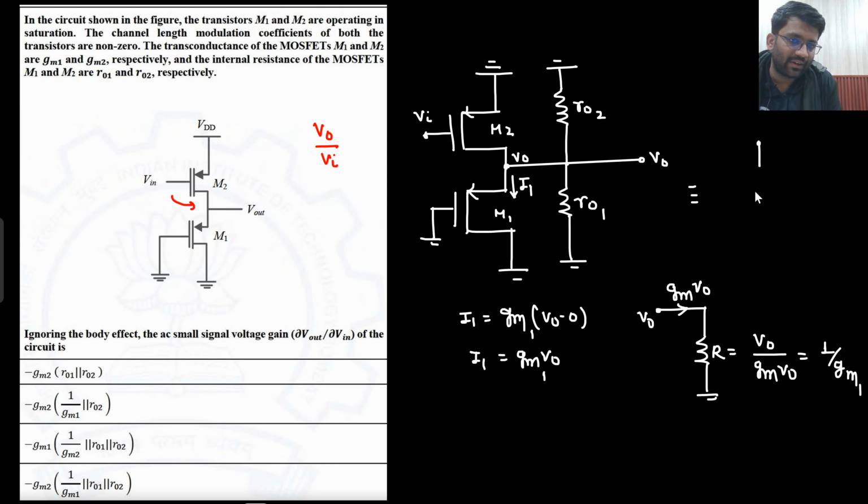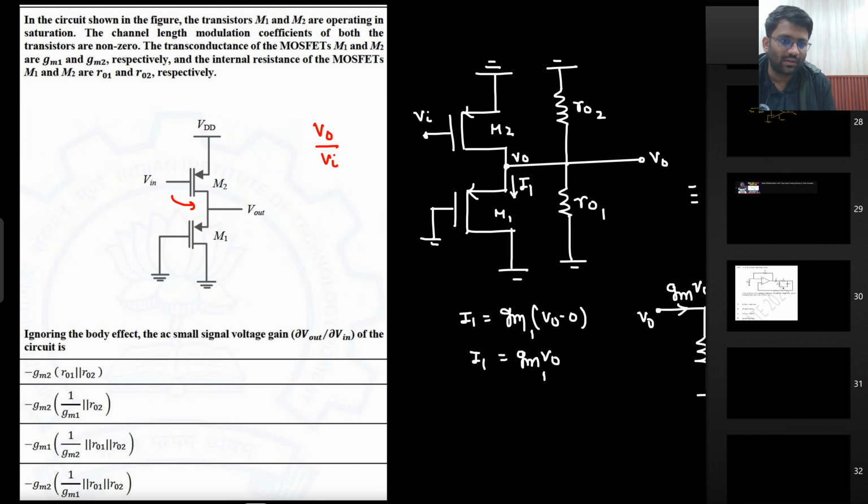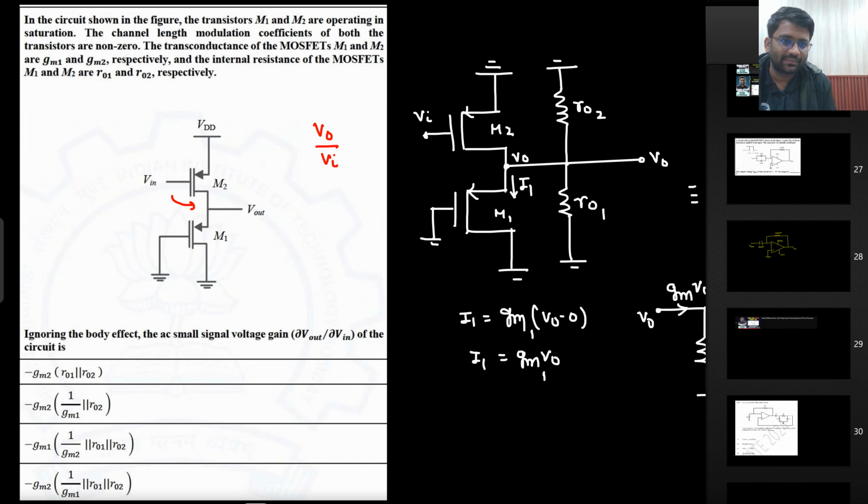The reduction I have done in this manner. This circuit remains as it is. This is my V in. I will have to add a page because it would not look good.